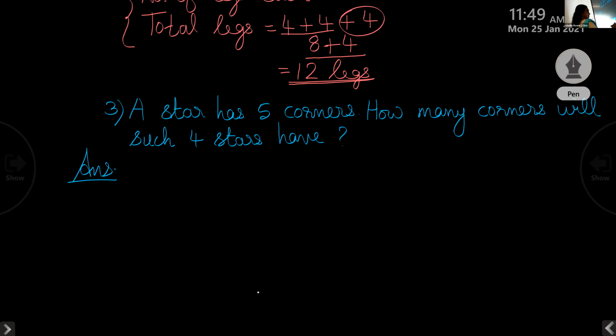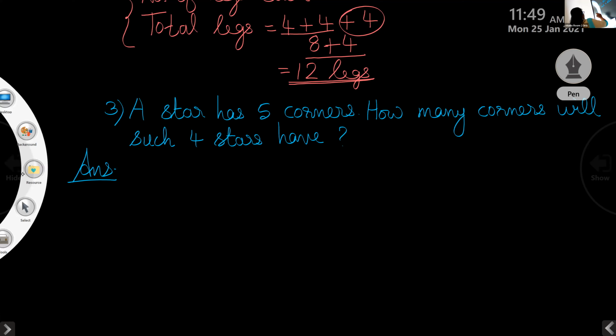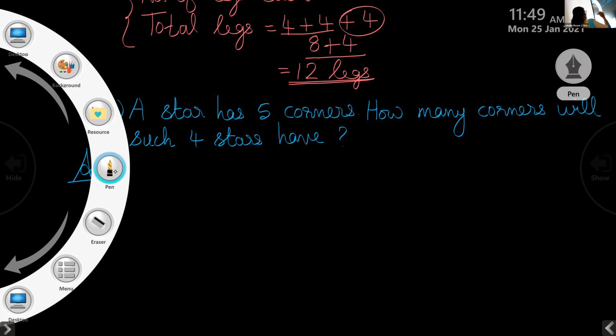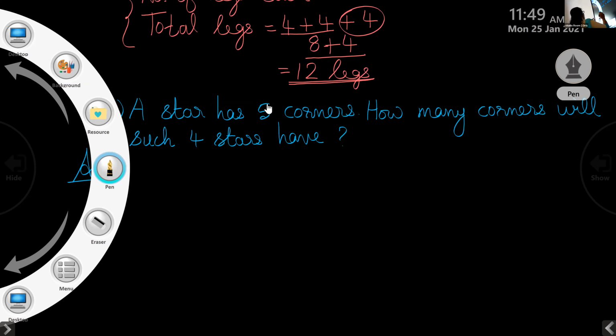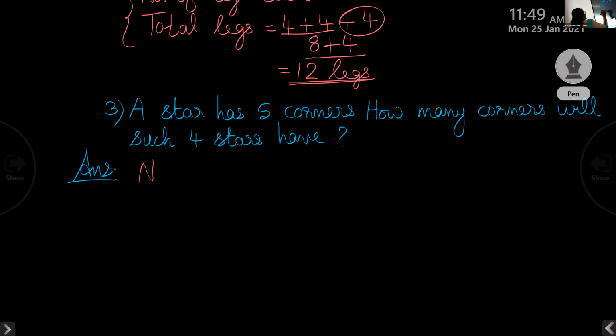Yes. Now let me ask you. Yes, Javak. A statement should be first. First statement should be number of groups, isn't it? Let it be like this. Second statement. It is asked to find out the corners.